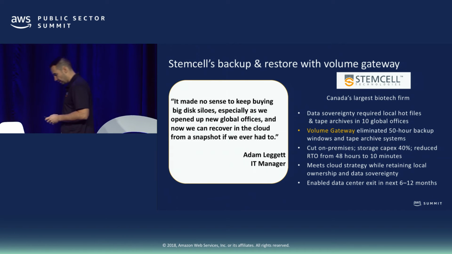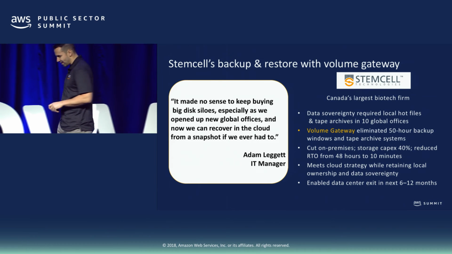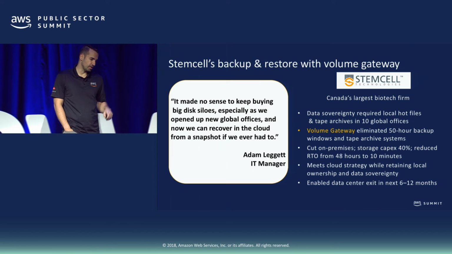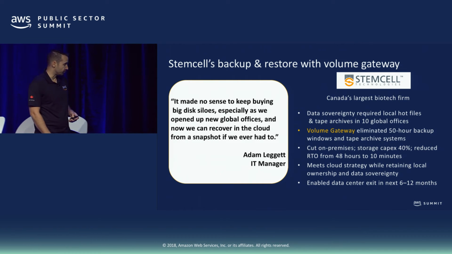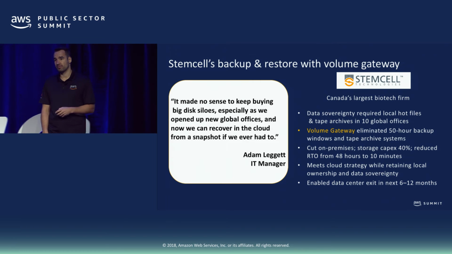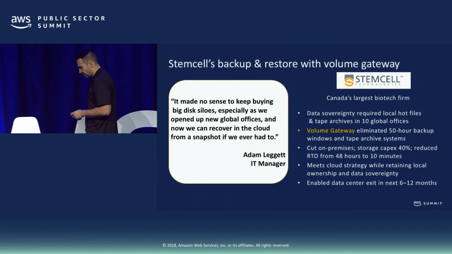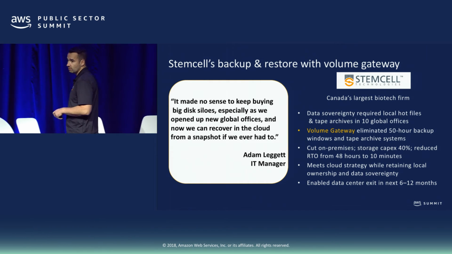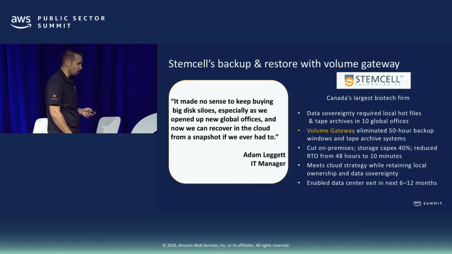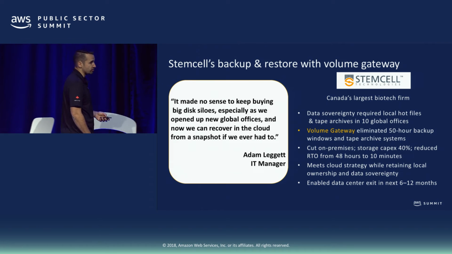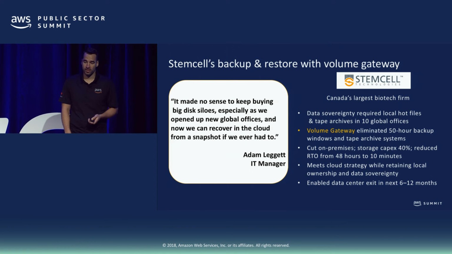So in 2013, they started evaluating storage gateway. They were using it in dev test, and in 2015, they moved into production. Currently, 45% of their environment is in AWS, 40% is leveraging SaaS services, and only 15% are on-prem. Their goal within the next 12 months is to move so 5% is left on-prem.